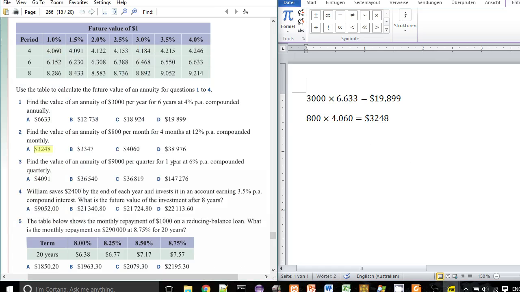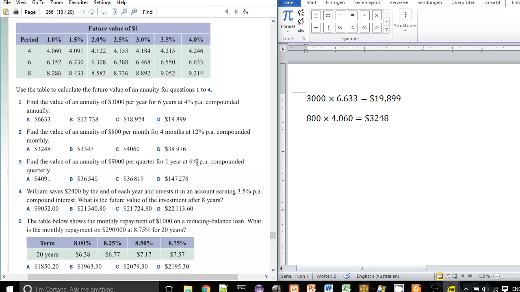So A. Question 3, find the value. 9,000 per quarter for 1 year. If it's per quarter, just times 1 year by 4. There's 4 quarters, so the period is 4. We need to divide 6% by 4. Just a little tip: whatever the period is, you're going to need to divide the percentage, but you're going to multiply the years. Or if it's months, you don't need to change it.